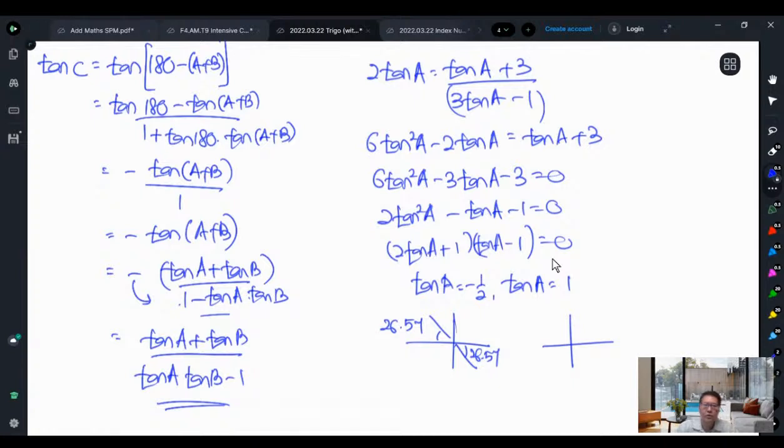Okay, so over here is positive, here and here it's 45 degree. So A equals 153.43, and another one is 333.43. Okay, and over here is 45 and 225. Okay, like that.